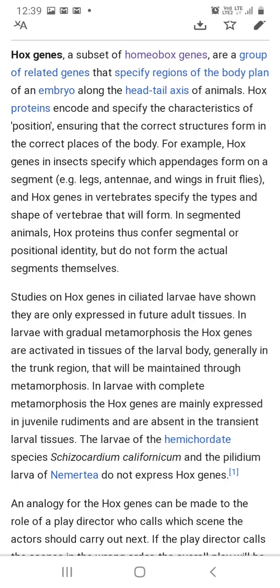Then class Crustacea has varied crustaceans like prawn, crabs, etc. Then we have diplopods, chilopods, arachnids, all varied and different kinds of organisms.